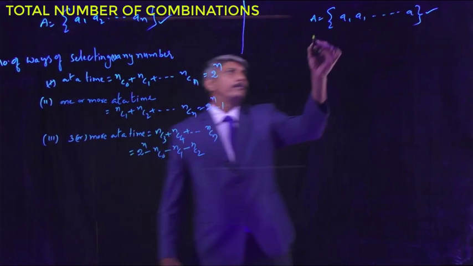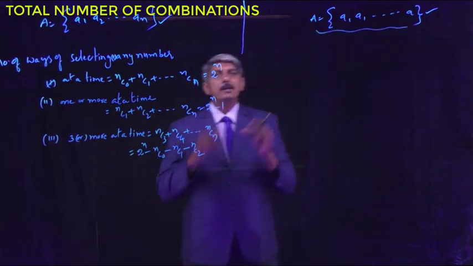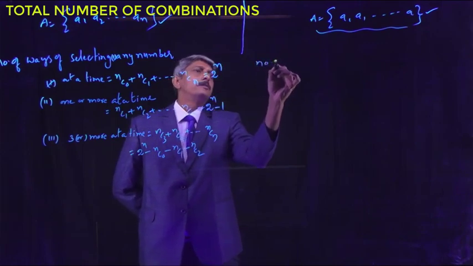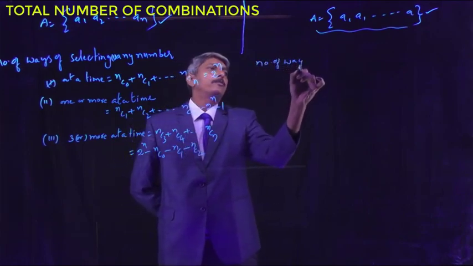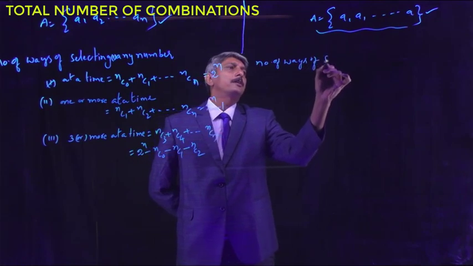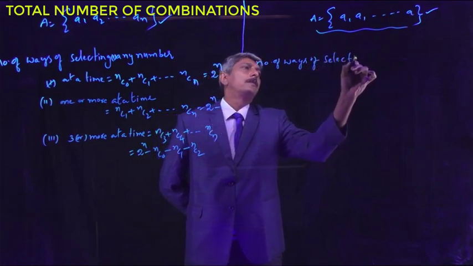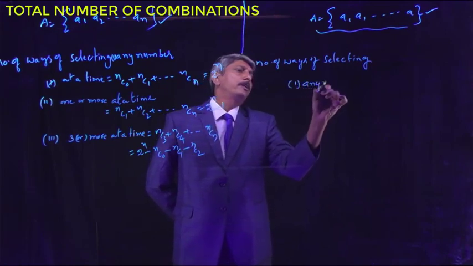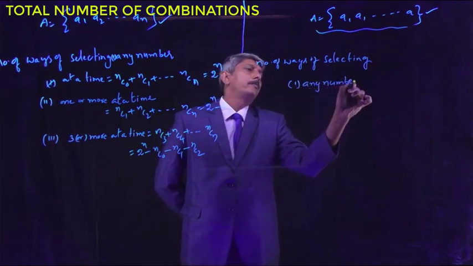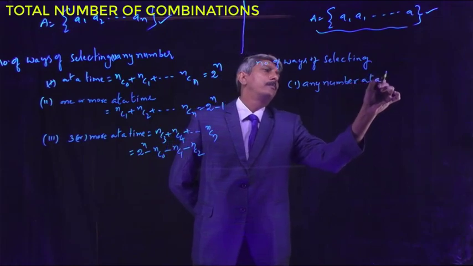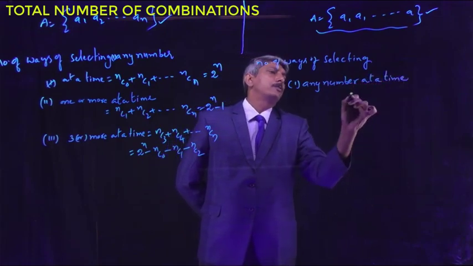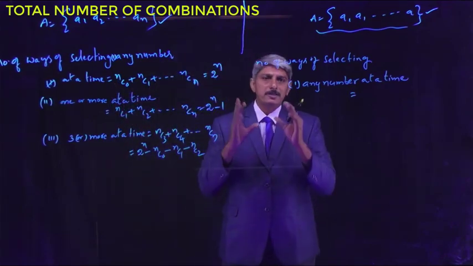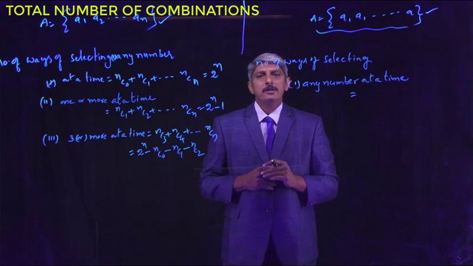So now here the set containing n like objects. So here also the number of ways of selecting any number at a time is equal to how much value? So in the previous case we apply the formula NC0 plus NC1 plus NC2 plus and so on NCn.